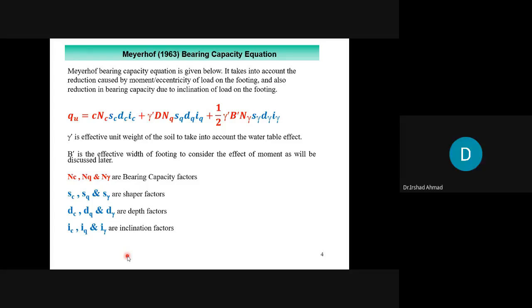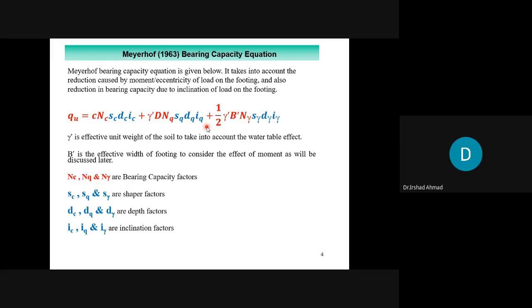B prime. So this is called the effective width of foundation. Whenever there is a bending moment or eccentricity of load, the width of the foundation is reduced by some equation, so that the reduction in bearing capacity due to moment is taken into account, because when there is eccentricity of the load, there will be an overturning moment on the foundation, and it will reduce the bearing capacity.